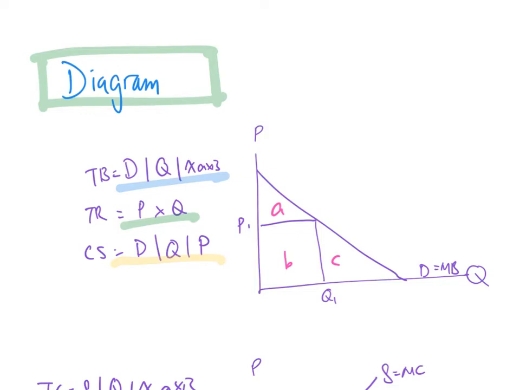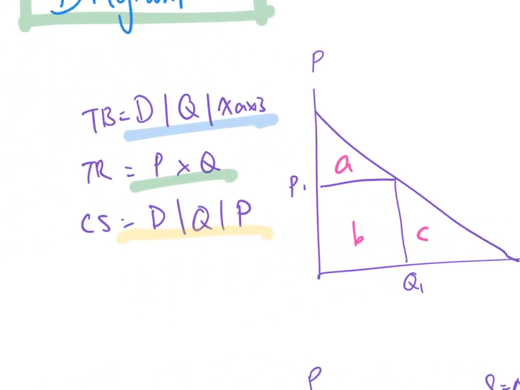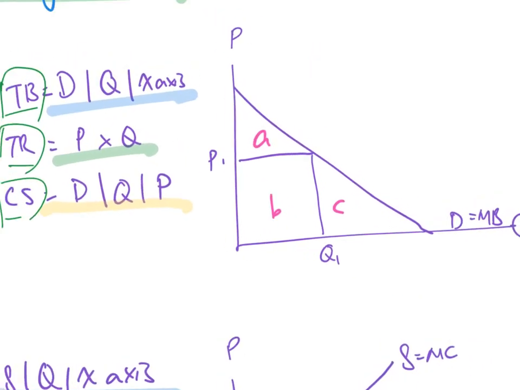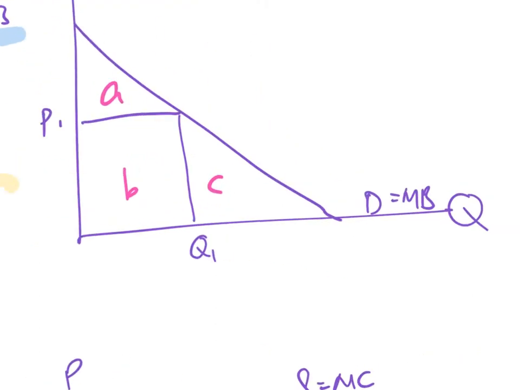The first part is the demand curve, that means demand side stuff, okay? There are three important things: the total benefit, total revenue, and the consumer surplus. By concept, the total benefit is about the quantity we have and the valuation of all the consumers. For the demand curve, that is the marginal benefit, okay?